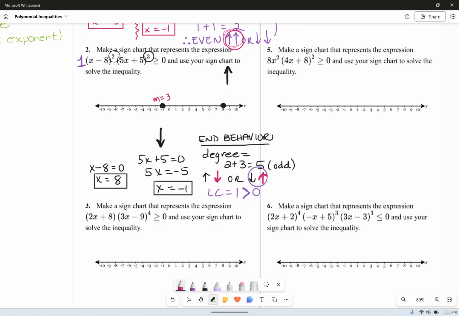What was the other one? The other one here, the multiplicity was a 2. So 3 means curve through, and 2 means bounce. So let's go do it. Start with the left. M3 says curve through me. So I'm going to go, go, go, go. Let me scoot this over, actually, because it's a little bit too much on the right. So we're facing down on this side. So we're going to go through -1, and it has a multiplicity of 3.